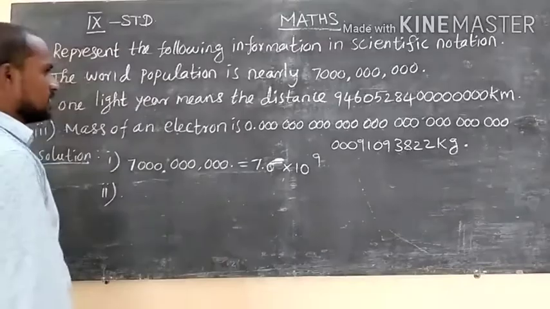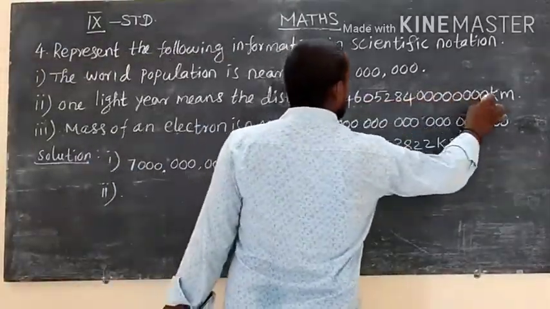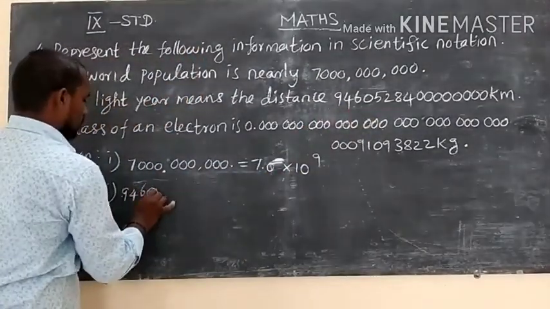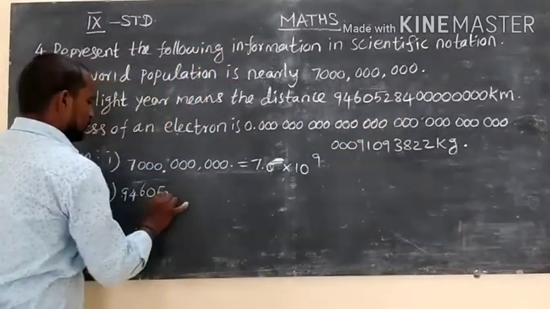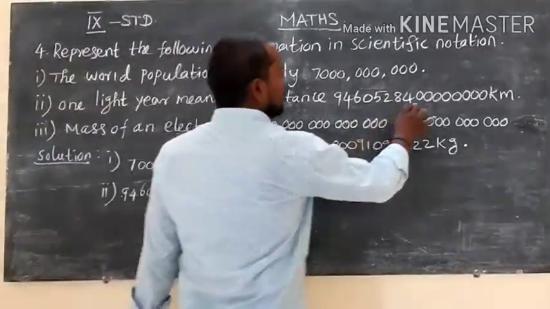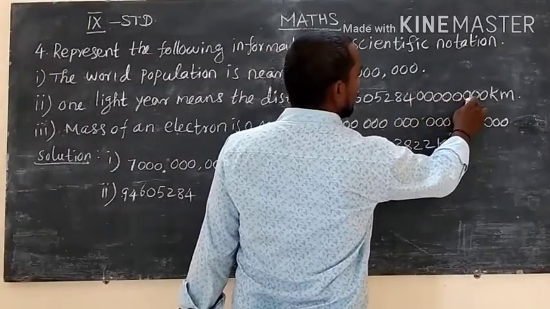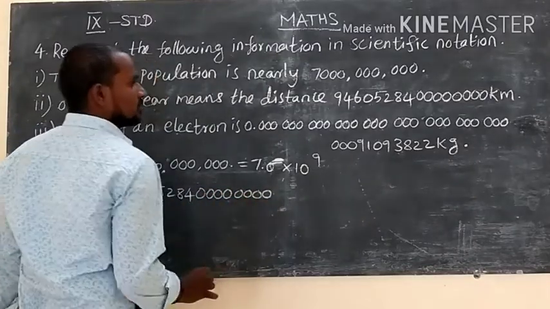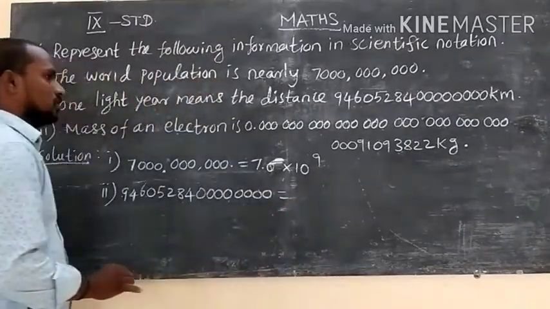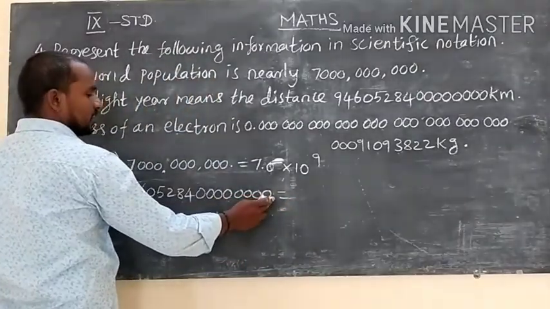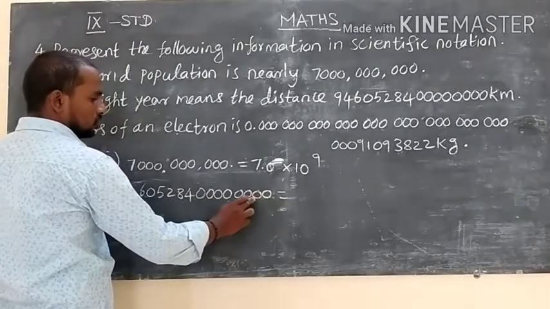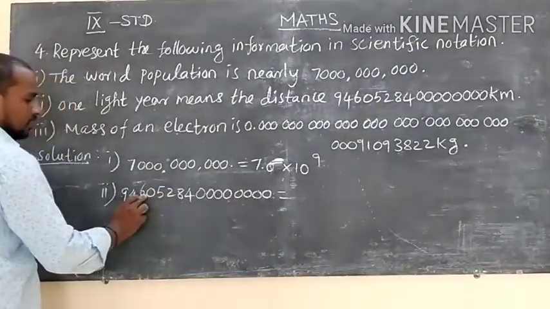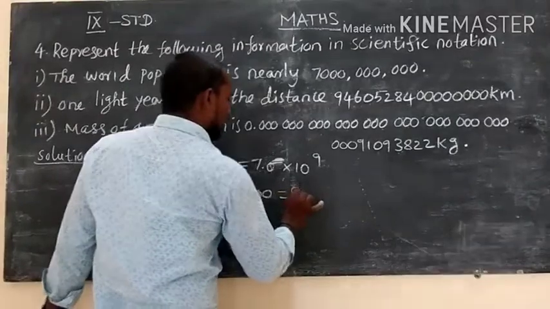Now also consider the decimal at the last. 9460 5284 and 1, 2, 3, 4, 5, 6, 7, 8 zeros, which is equal to, now consider the decimal at the last, so making the shift right to left, 1, 2, 3, 4, 5, 6, 7, 8, 9, 10, 11, 12, 13, 14, 15. So 15 moves.